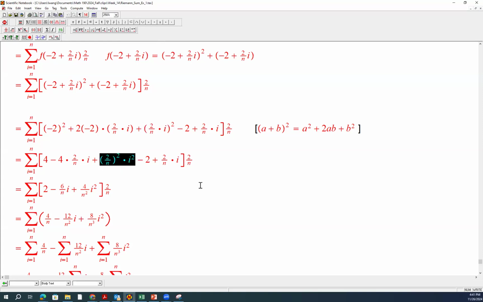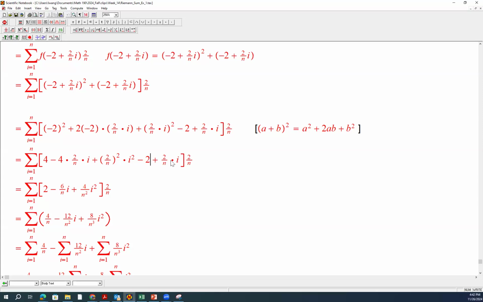I'm doing this very carefully. I'm sure you could probably do it faster, but I just want to show more details to you. These are really basic algebra. So -2 and +4 combine into 2. And this piece is -8 over n, and this is +2 over n times i.